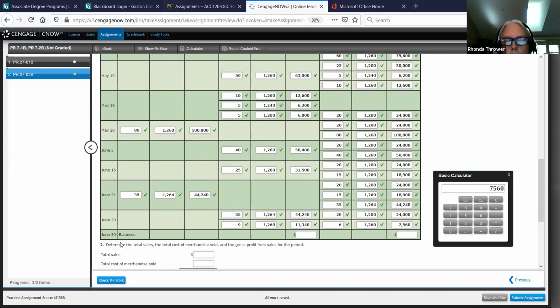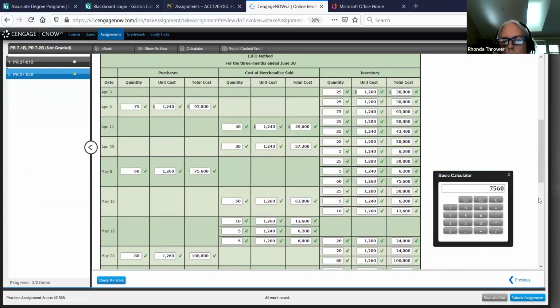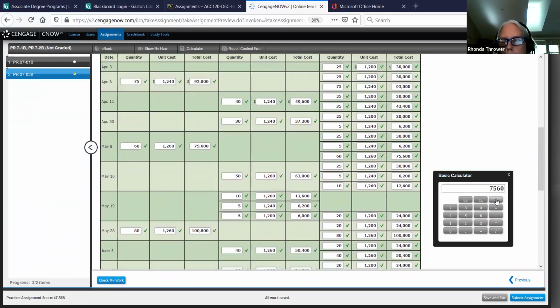And the last thing that we need to do is we need to add up all of our cost of merchandise sold to determine what would go on the income statement. So we're going to start with 49,600. We're going to add to that 37,200. We're going to add to that 63,000.